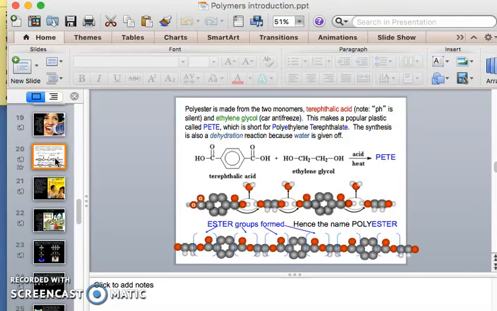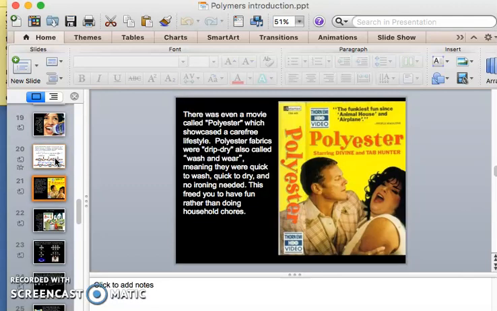And if you go to Target, Kmart, and check out what the fabric is made up of, you'll mostly find it's polyester. Actually, there's a movie called Polyester, and again, it's because polyester fibers are drip and dry.